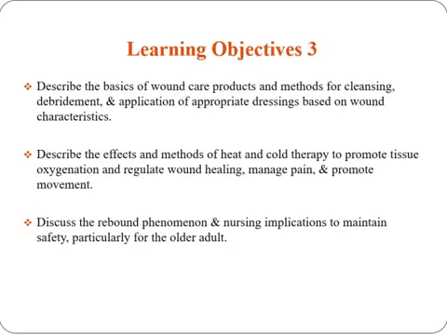We're going to look at some of the wound care products that are out there and cleaning, debridement. We're going to look at heat and cold therapy and when to use those, and a couple of nursing implications, especially when we look at our geriatric population.